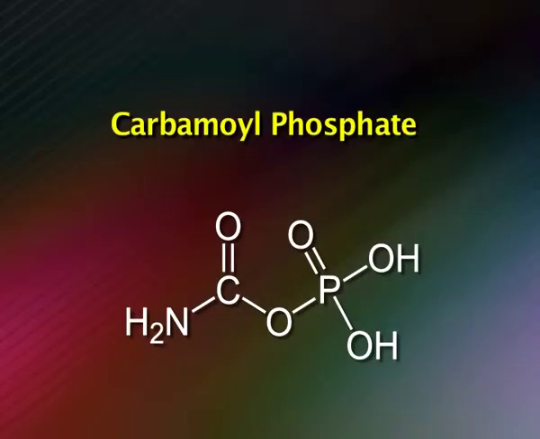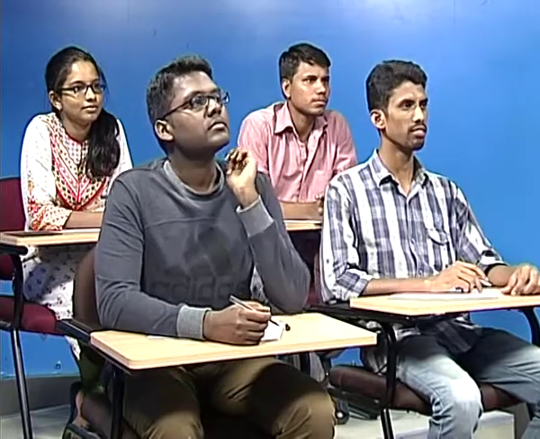Very similar to what happens in the citric acid cycle, ammonia liberated from the amino acids is converted to a compound called carbamyl phosphate by absorbing the carbon dioxide from the bicarbonate which is available within the cell cytosol.